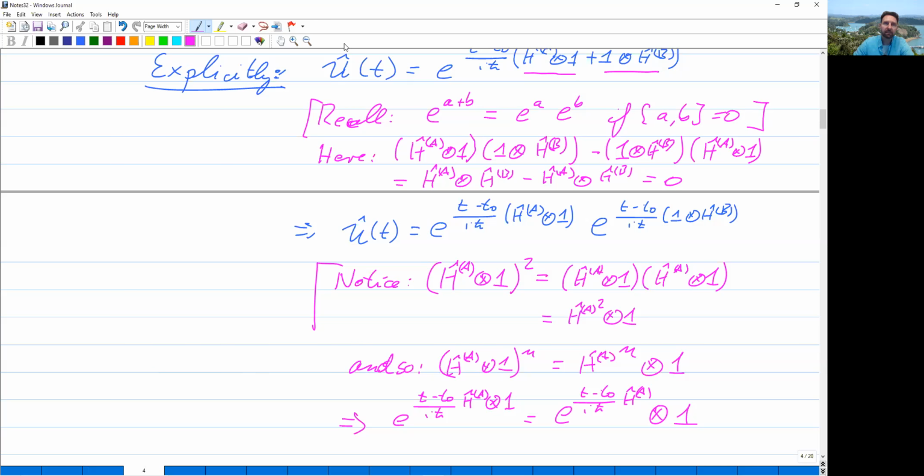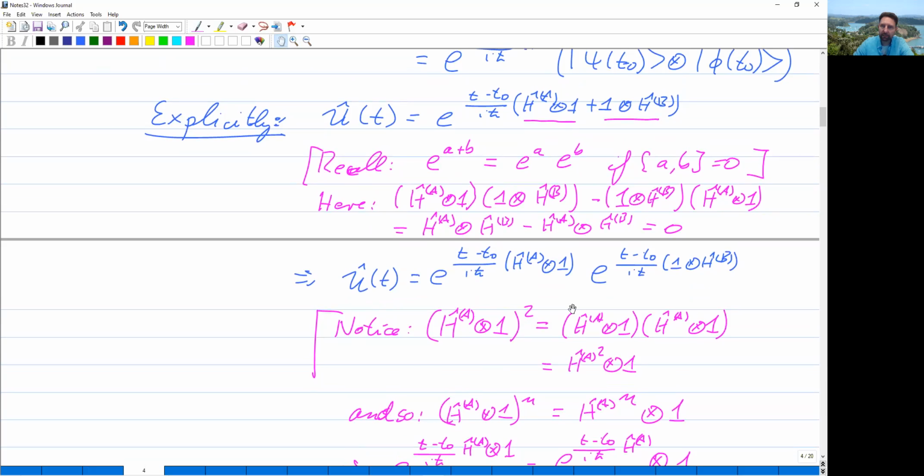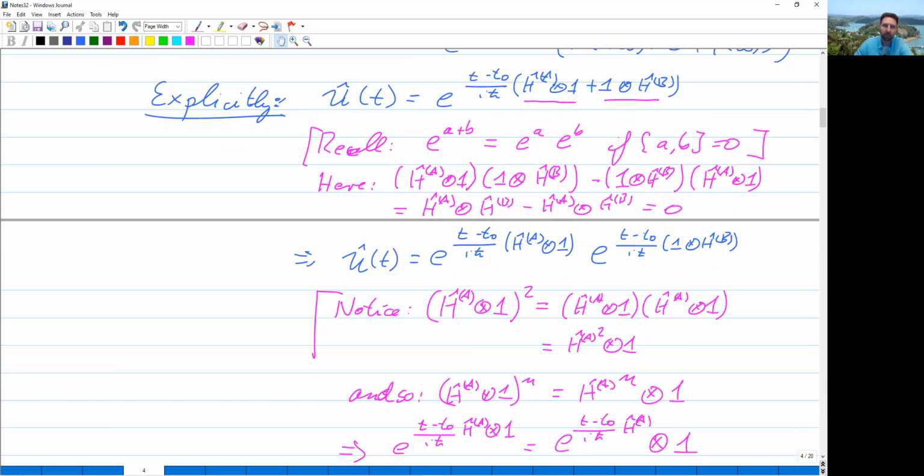And this means that we can take this expression and pull the tensor identity down. And here too, we can take that expression and pull the tensor 1 down as well.